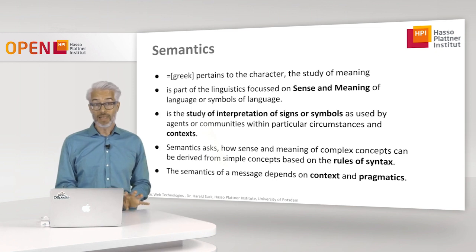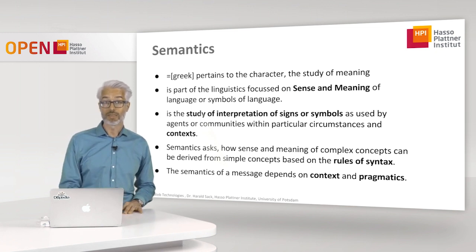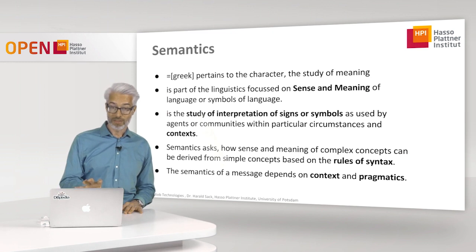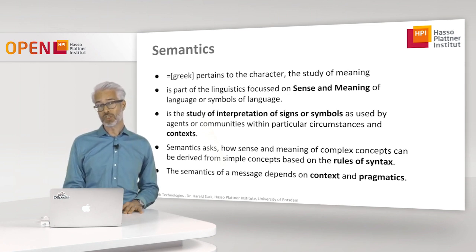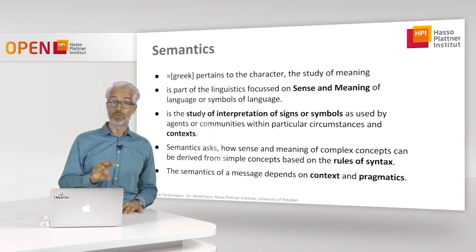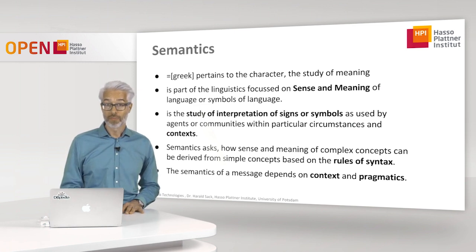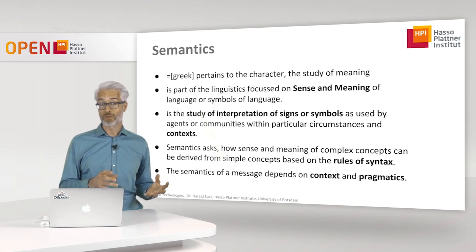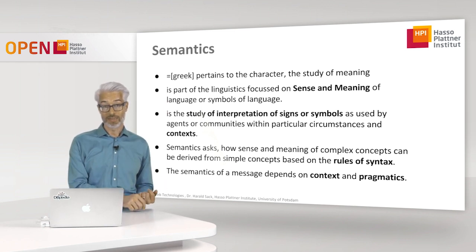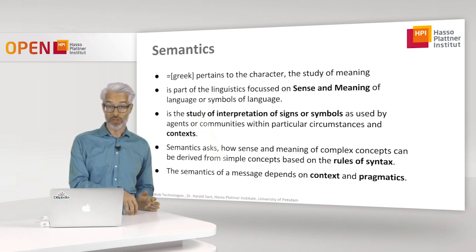So in the end, semantics as we see it here, the semantics of a message, to interpret a message correctly, depends on the context of the information. So the information alone can be interpreted in different ways. And the way how or which semantics we choose is dependent on the so-called context. On the one hand side, additional information.